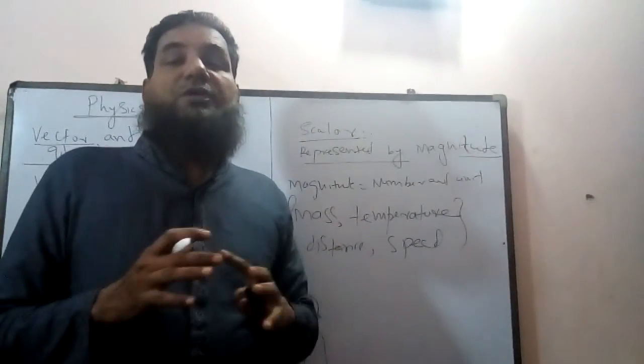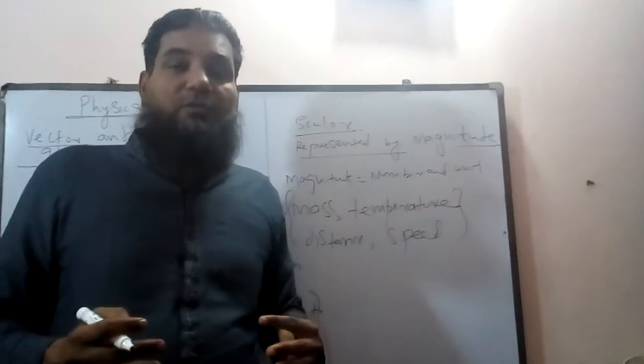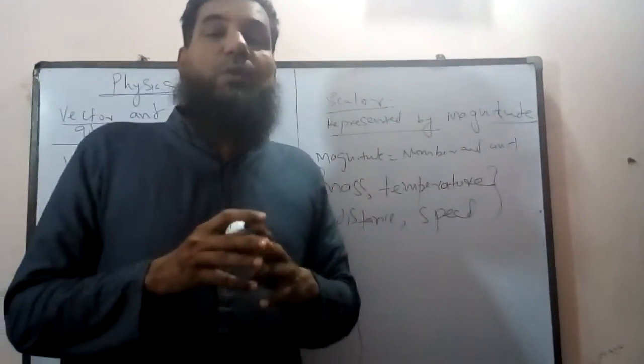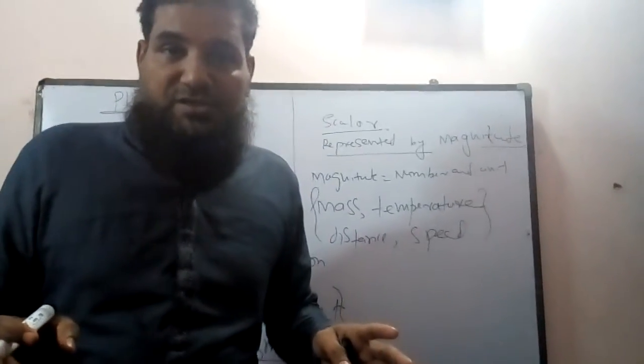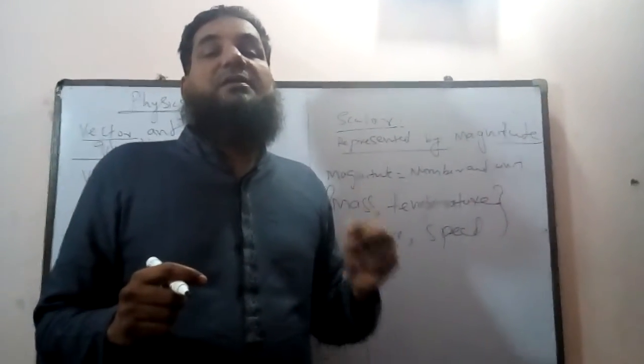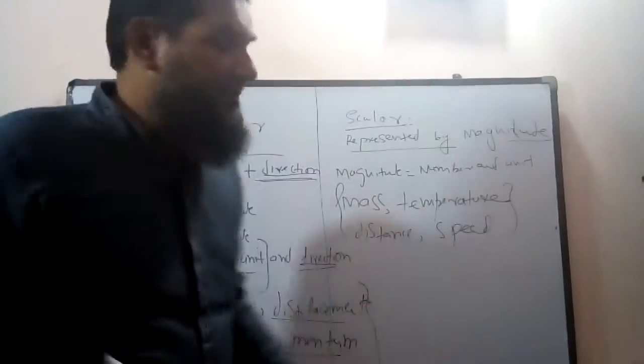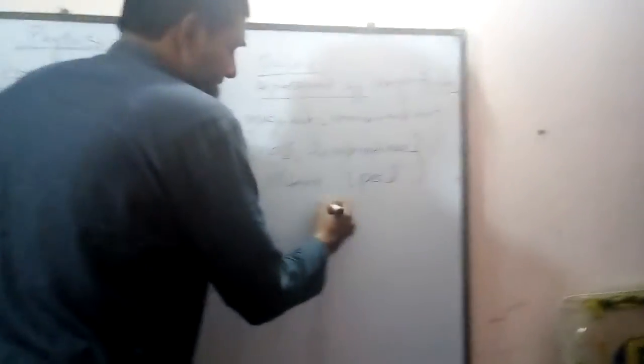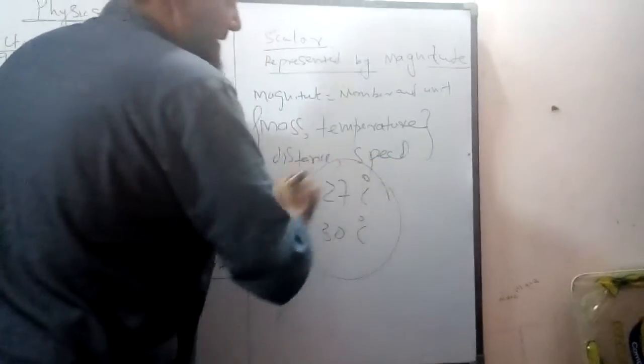It means there is no need of direction. When we talk about temperature, there is no need of direction. We say only the temperature magnitude, just like 27 degrees centigrade, 30 degrees centigrade. Magnitude means number and unit.